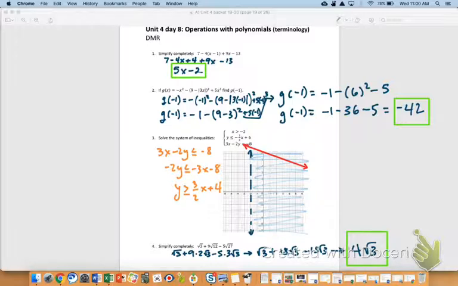So I test out 0, 0 in this red line. I get 0 is less than or equal to 0 plus 6. So is 0 really less than or equal to 6? 0 is less than or equal to 6, right? It's less than. So it fits. So I would shade the 0, 0 side, and it would look something like that.